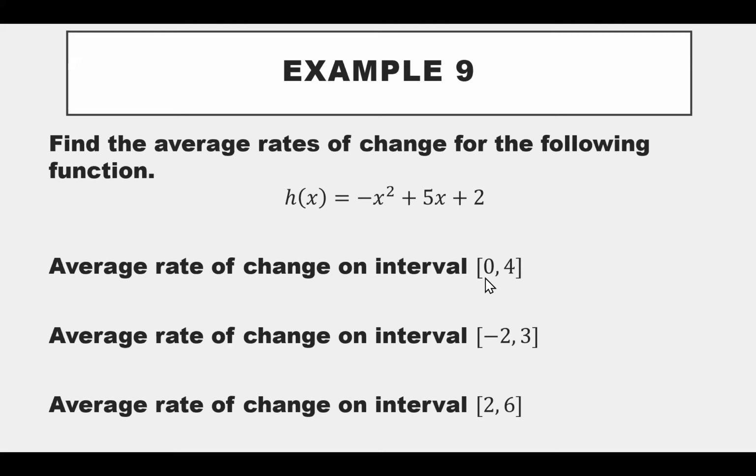On the interval from 0 to 4 means x value from 0 to x value of 4. And similarly with these other two. If you want to try this on your own, push pause on the video and do it on your own. In a couple of seconds, I will calculate those average rates of change.